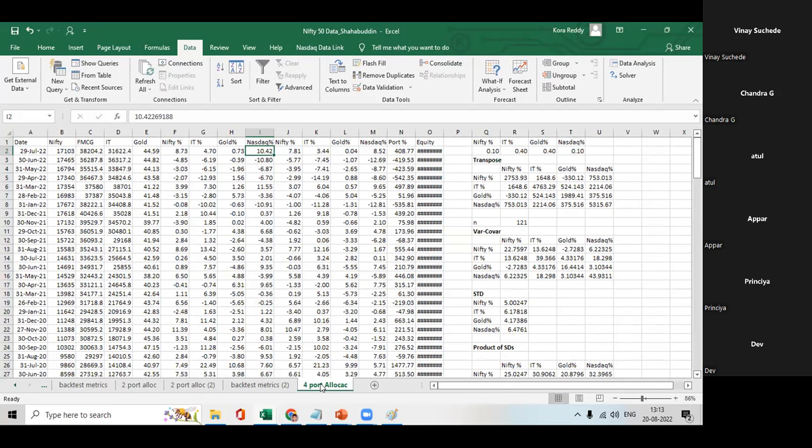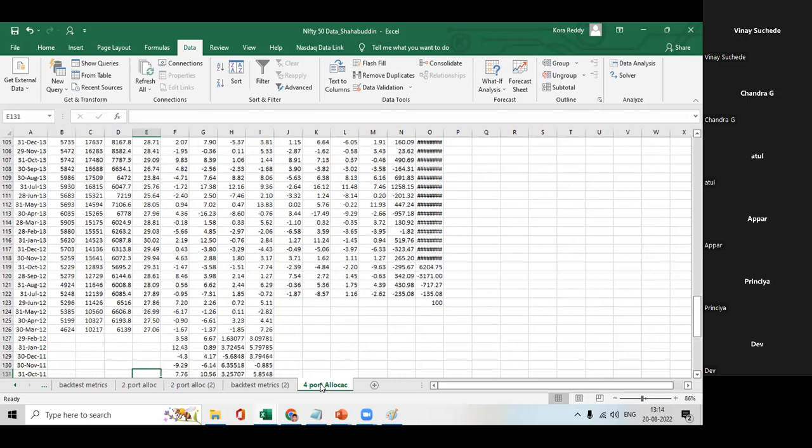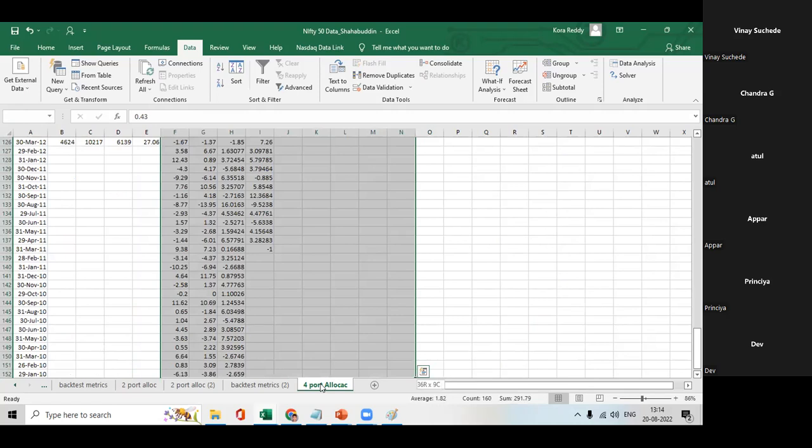Okay, the first step is something called de-mean. That is, take the entire average and subtract it from the current month returns. So this is the de-meaned data of all the indices. And let's put it from 2000 end onwards, 2012 end. So I'll delete all this data.